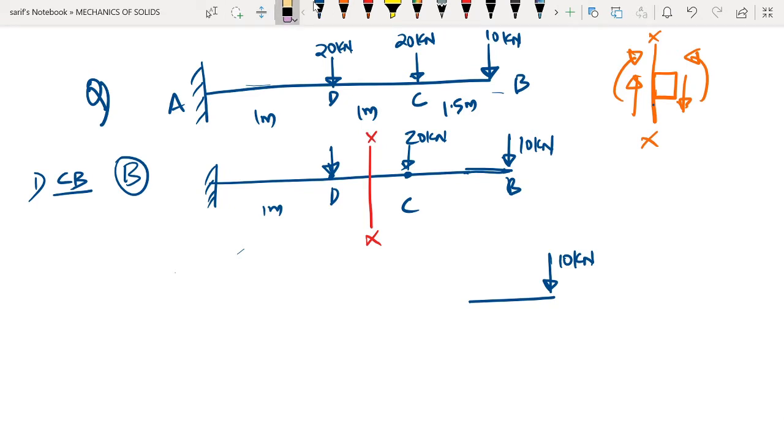So we are going to consider the region DC now.